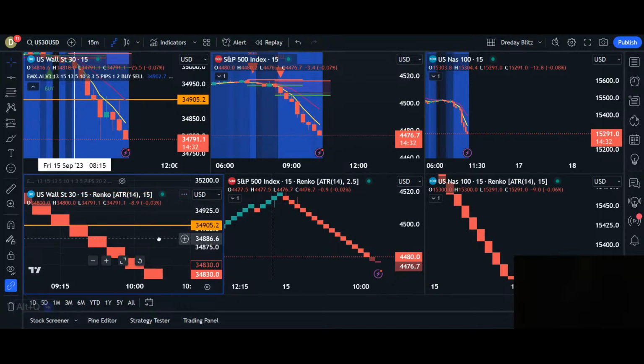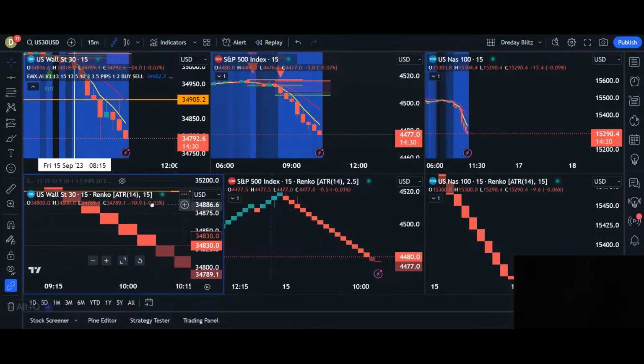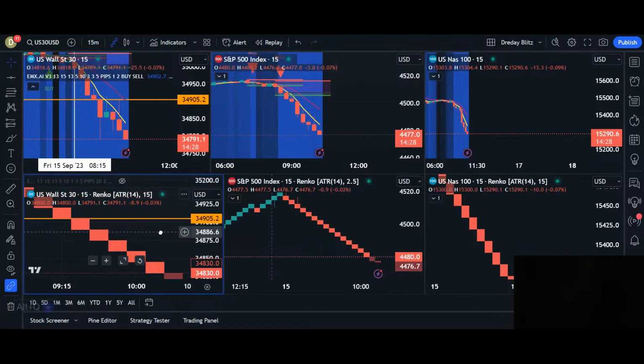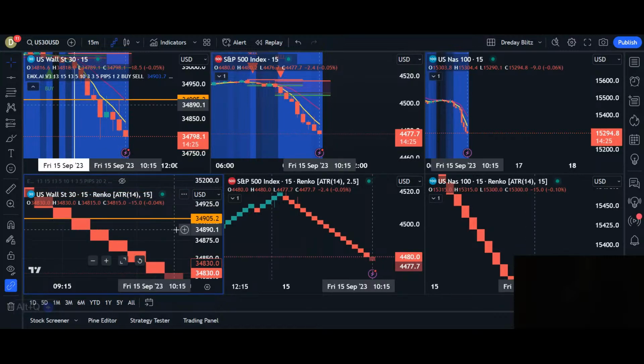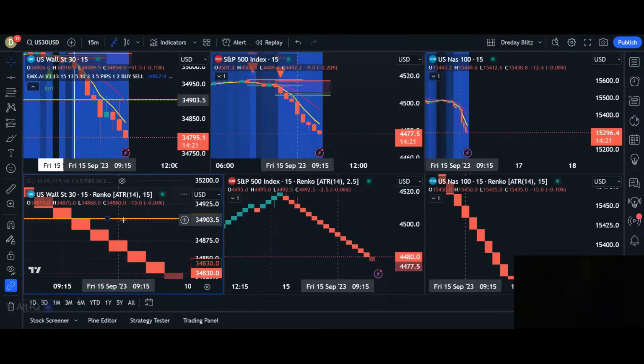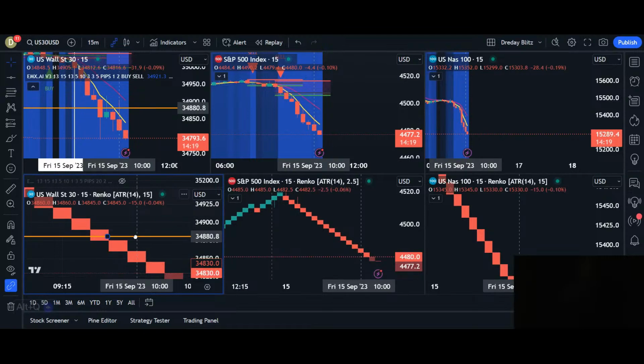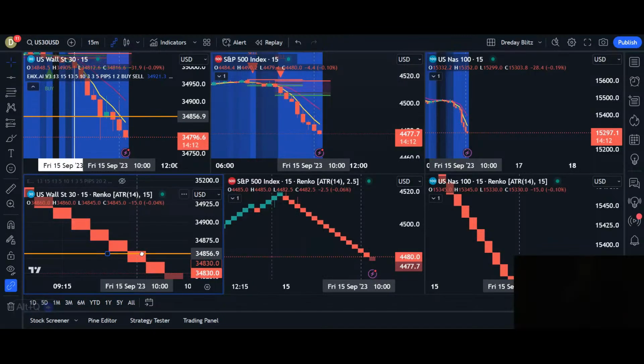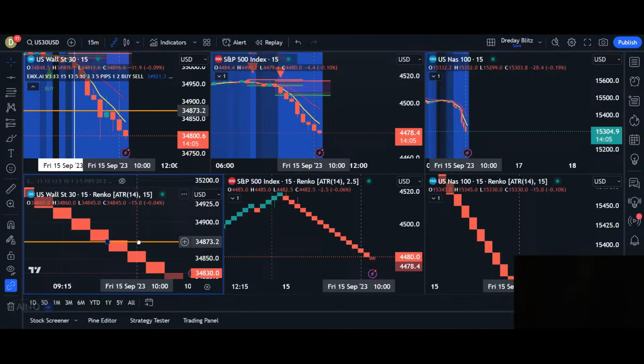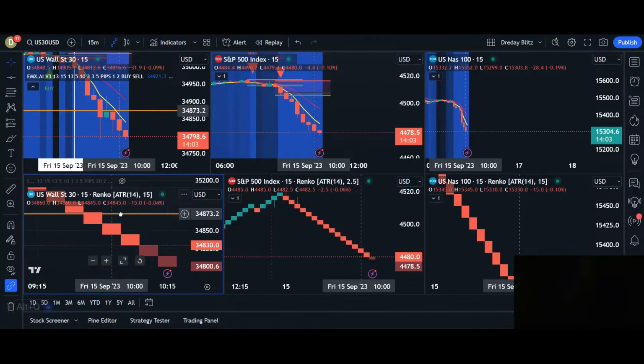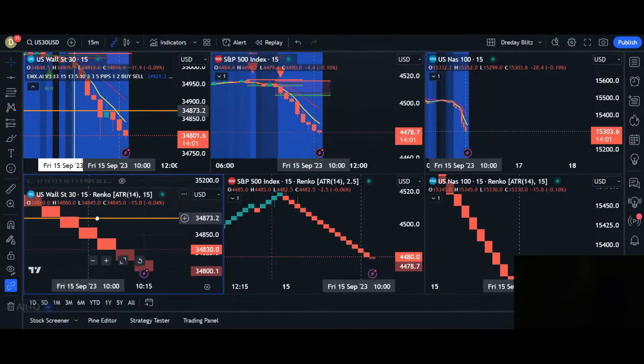You're able to trail your trade. If you're still trading it, you can always move your trailing, like I said, on the second Renko bar after the Renko bar that is created.